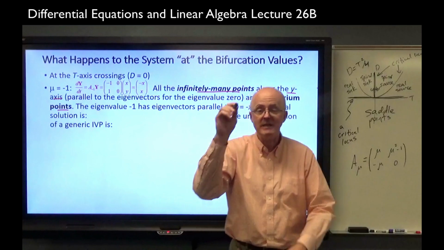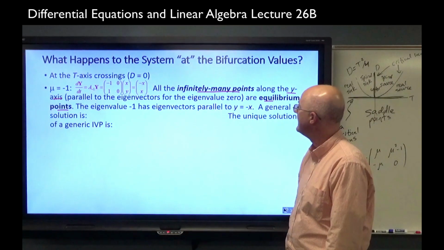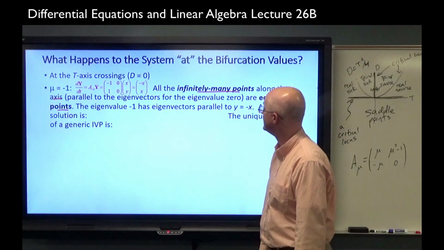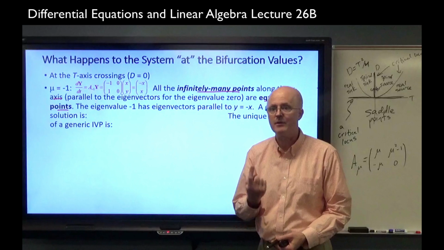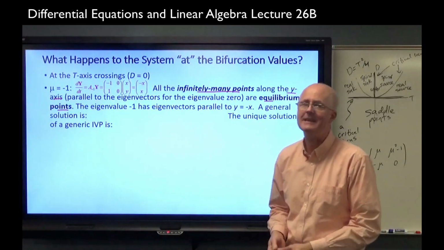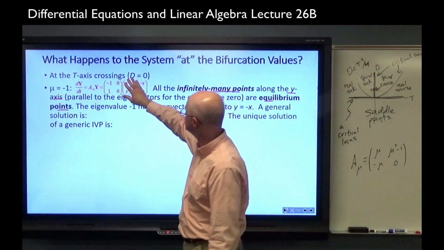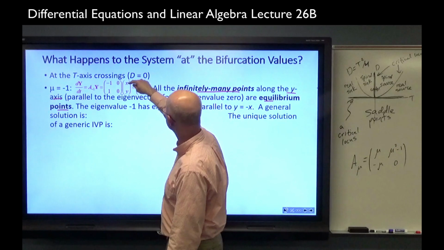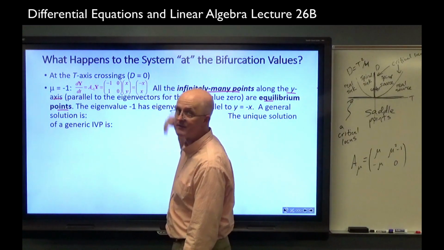If you're going to draw the phase plane, you put a bunch of dots, infinitely many dots along the y-axis. And those are parallel to the eigenvectors for the eigenvalue 0. An eigenvector for the eigenvalue 0 points straight up or straight down. For example, 0, 1. j hat is an eigenvector for the eigenvalue 0. Multiply this matrix times 0 for the first component and anything for the second component, you get the 0 vector.